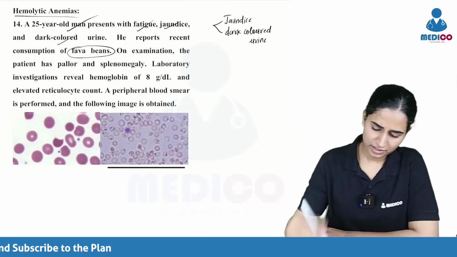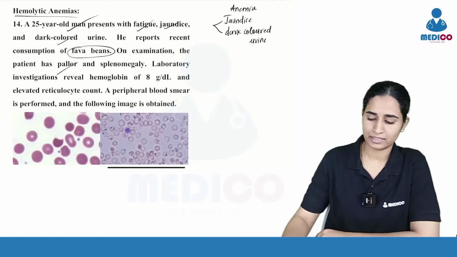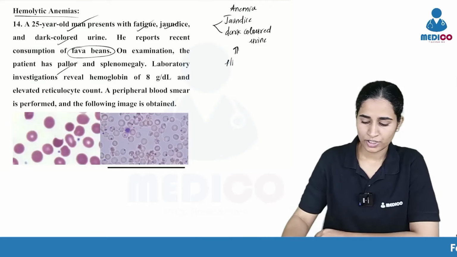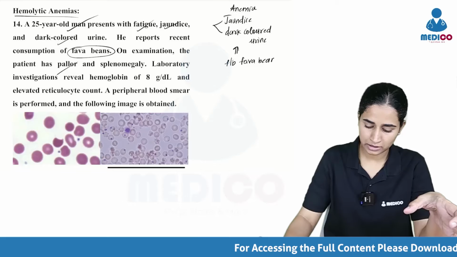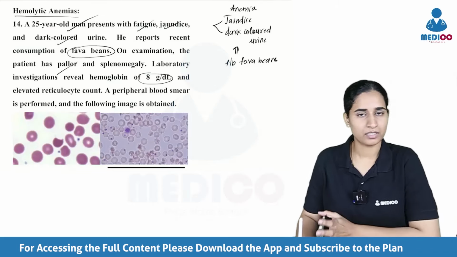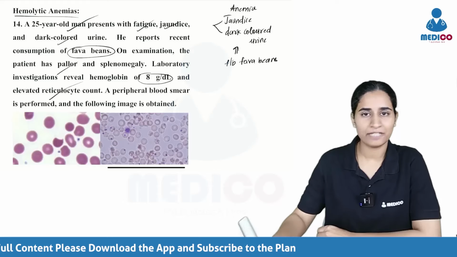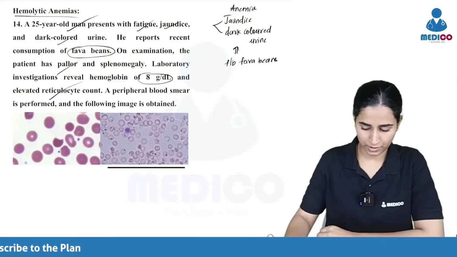Okay, on examination, there is pallor. Anemia, jaundice, and dark colored urine, which has followed fava bean consumption. What do you think it is? And laboratory investigations are showing anemia. Yeah, very good. But there is elevated reticulocyte count. So this is anemia with reticulocytosis.